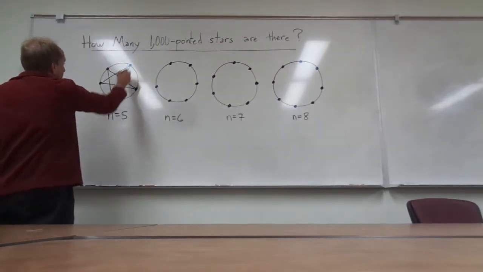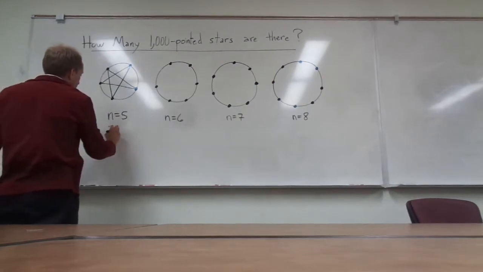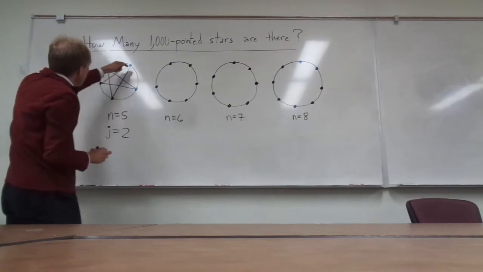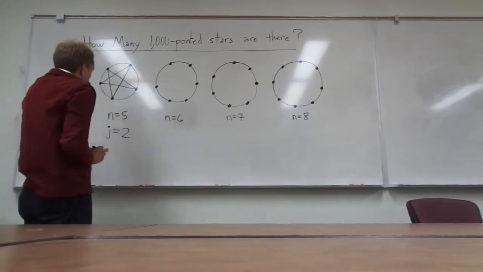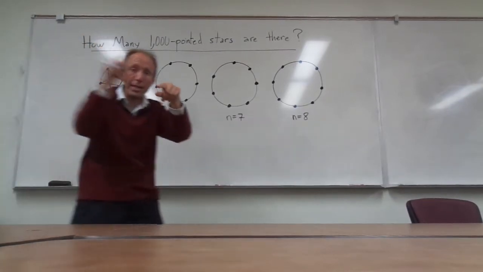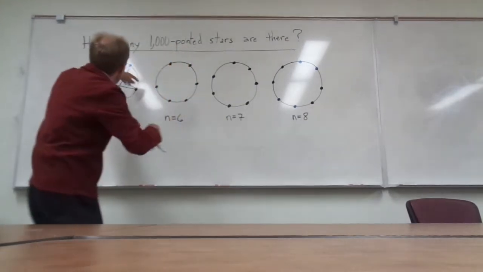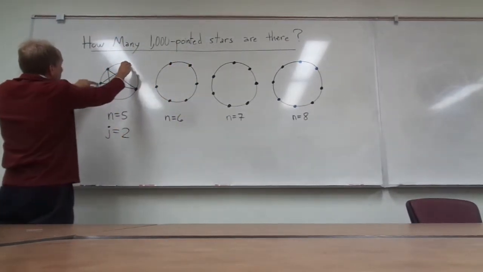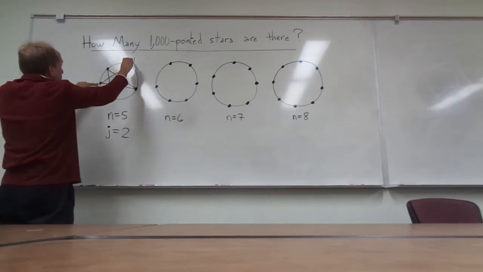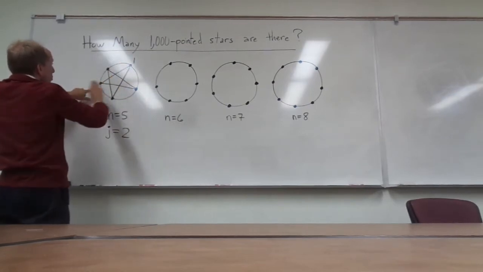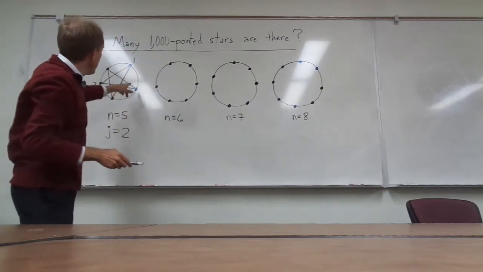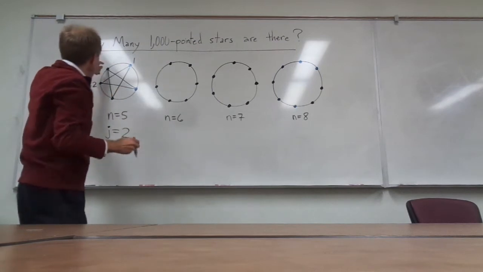So I'm connecting every second point here. I'm going to write j equals 2 to remind myself of that. Of course, if I imagine connecting the segments in the reverse direction, so in other words, if I think about starting at this point right here, this is the first point, and I make this the second point, then if I still imagine the clockwise orientation, I'm actually connecting every third point.